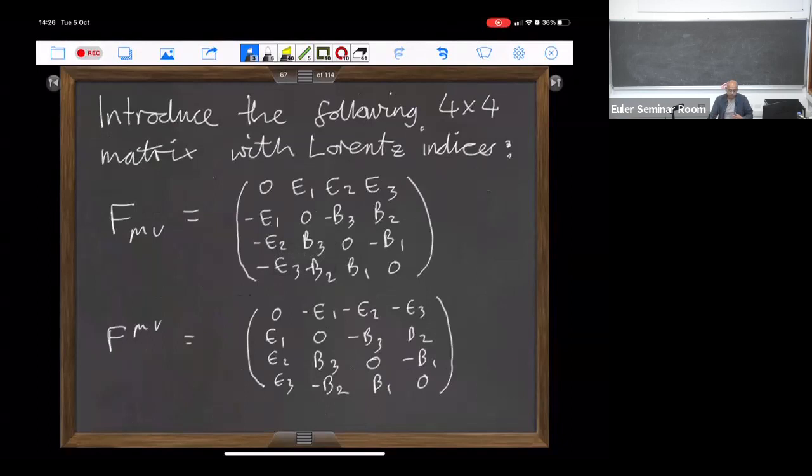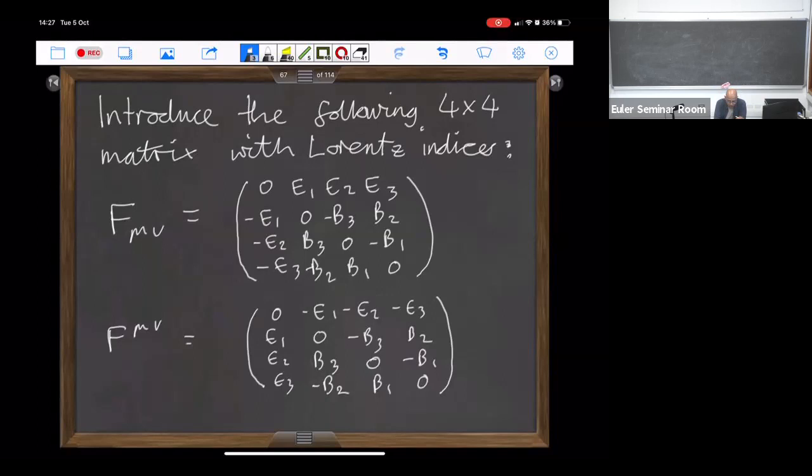Okay, so what we're going to do is reformulate Maxwell's equations as a Lorentz invariant system, or a Lorentz invariant field theory. The first thing we do is introduce a 4x4 matrix whose indices are the Lorentz labels.